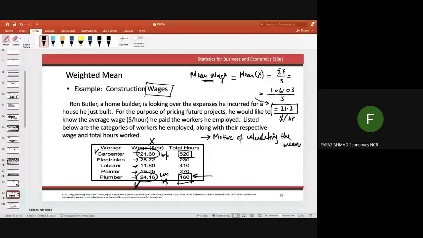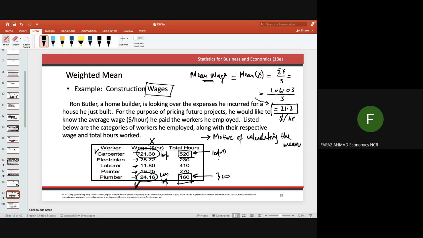So if I make a house which is double this house, then everything will be doubled. So he will be working not 520 hours, but 1040 hours. And this person will be working 320 hours. Then this difference is even going to escalate. It's going to become bigger and bigger.